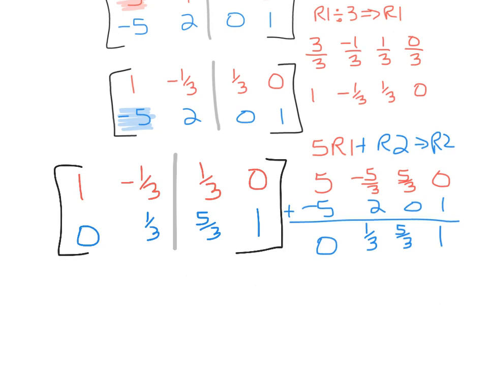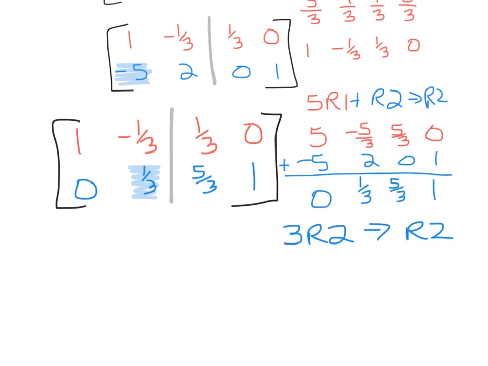So now I need to get rid of the 1/3. I need to make this become a 1. So I'm going to multiply or divide by 1/3, which is really multiply by the reciprocal. So I'm going to multiply row 2 by 3, which is divide by 1/3.